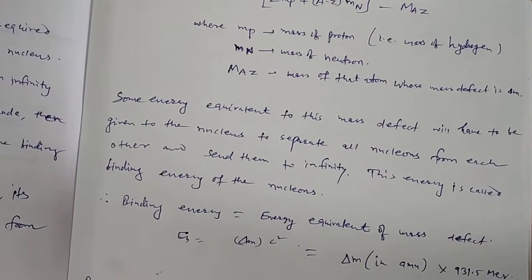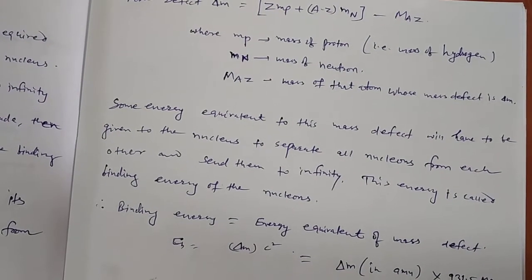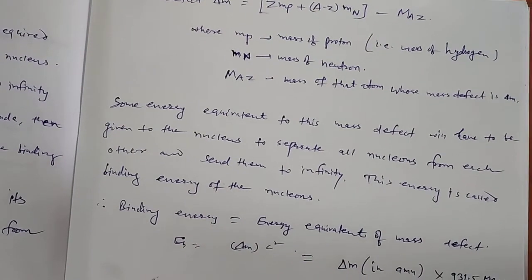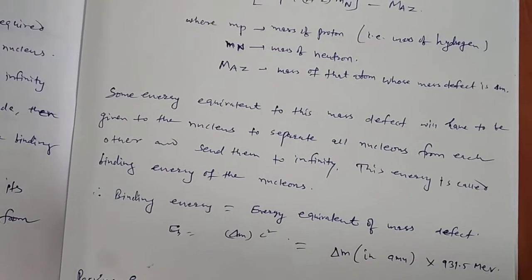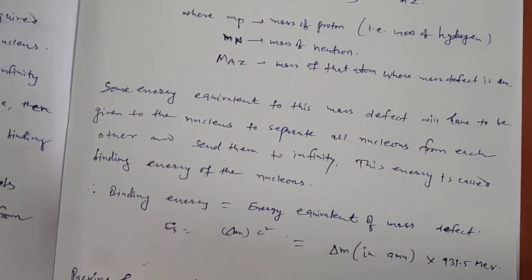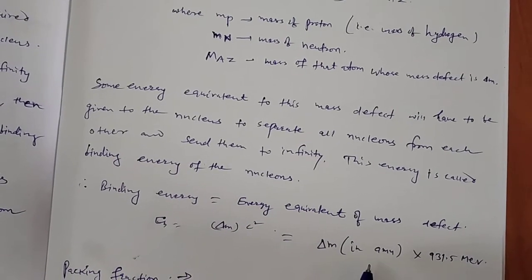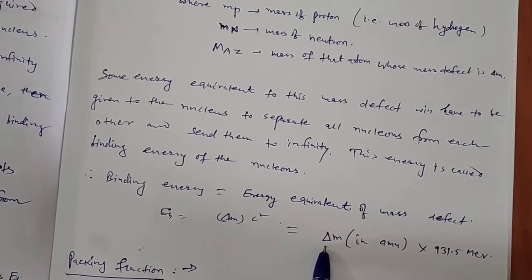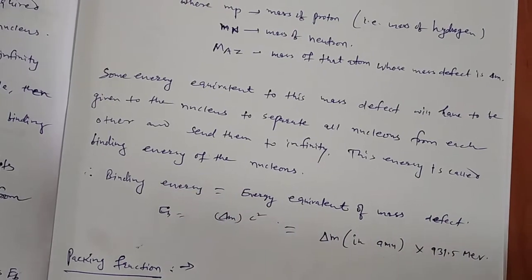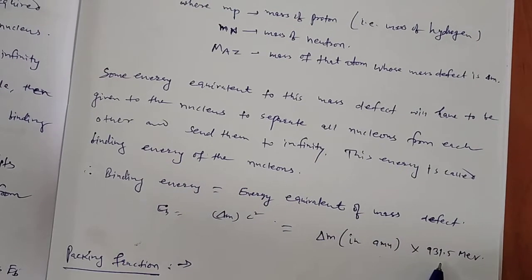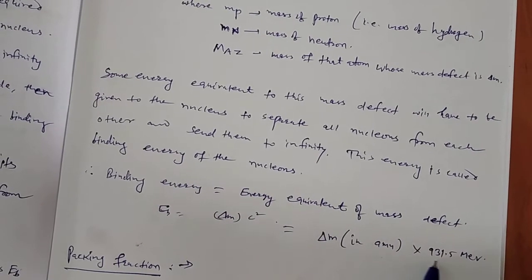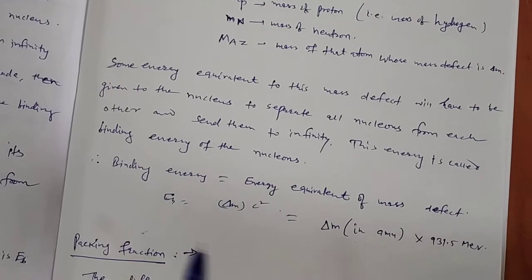So mass defect is equivalent to the binding energy, and from mass defect we can calculate the binding energy by using this formula. If we calculate the delta M of any reaction and multiply it by 931.5 MeV, we can calculate the binding energy directly.